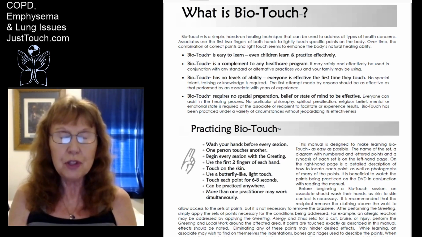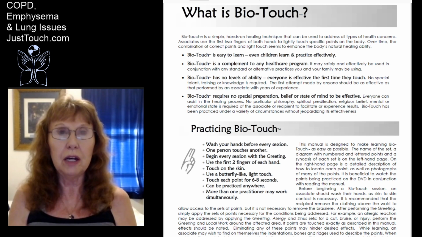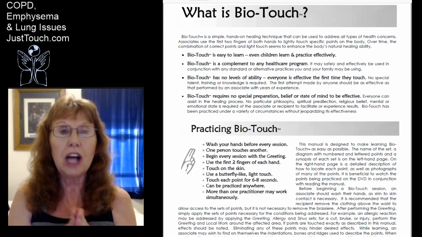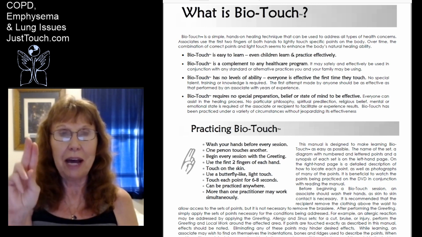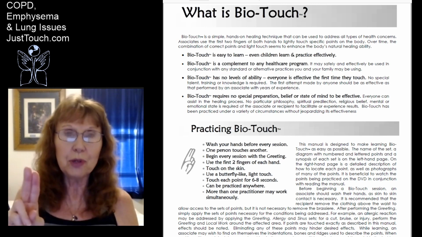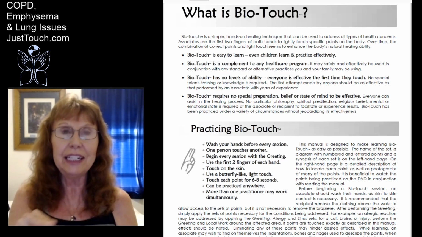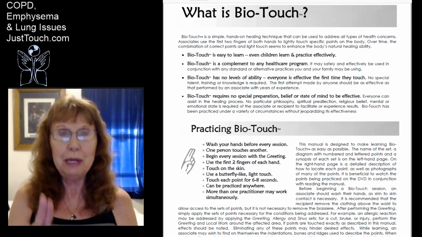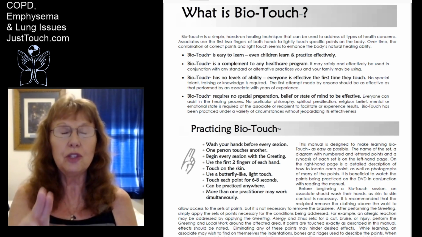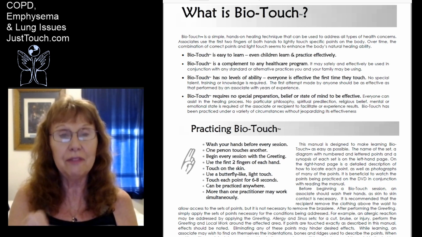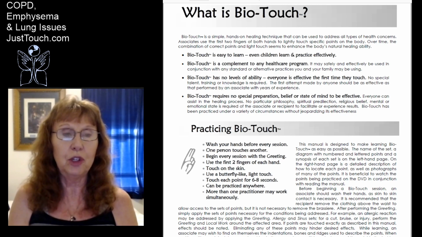So the very first thing that we want to do before we practice BioTouch is to wash our hands. And then, as I said, BioTouch, the definition is one person touching another person lightly on the skin. 2 people. BioTouch is here to say, oh, no, you don't do this on your own. It takes you to come into a relationship, a loving relationship with another human being.